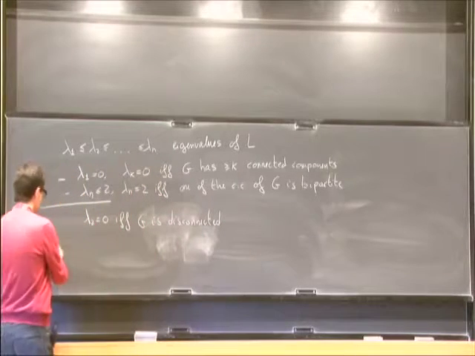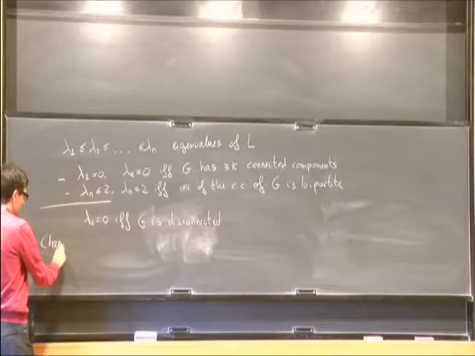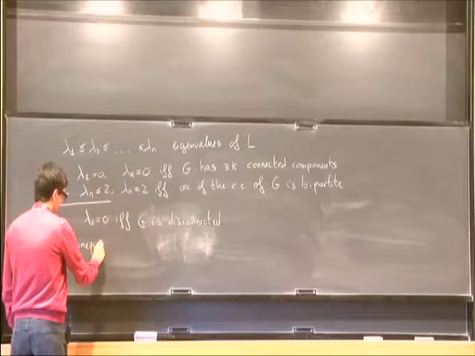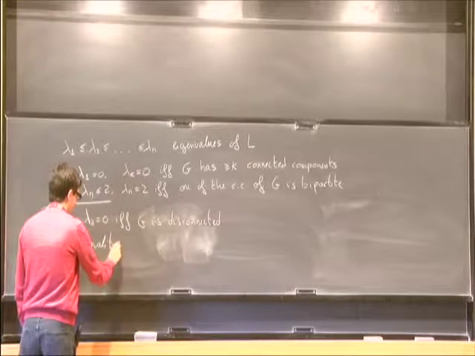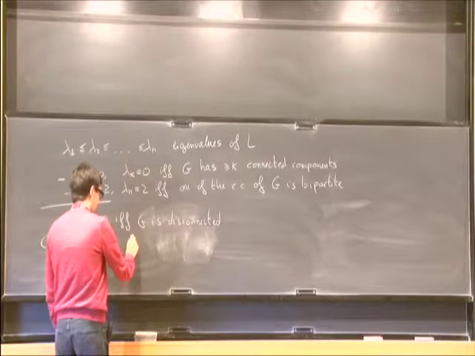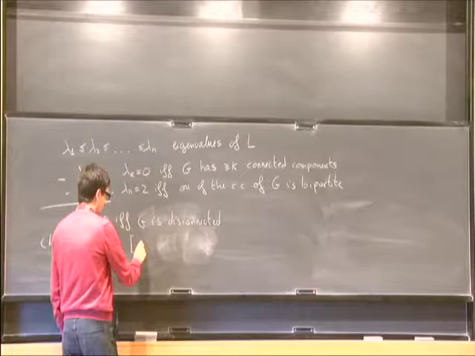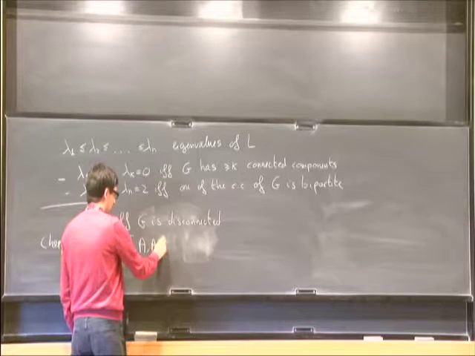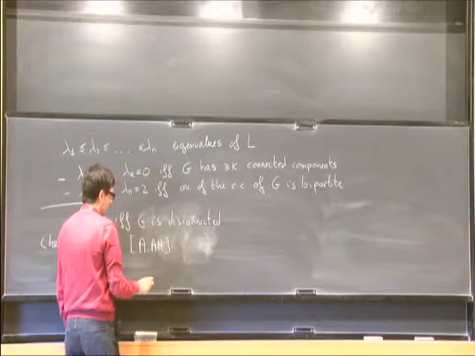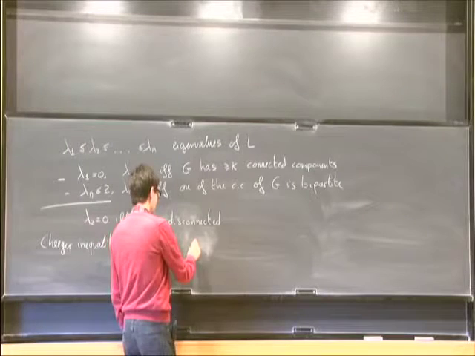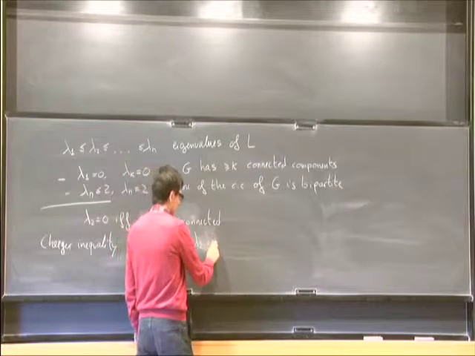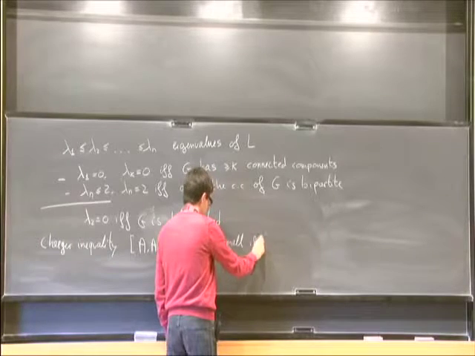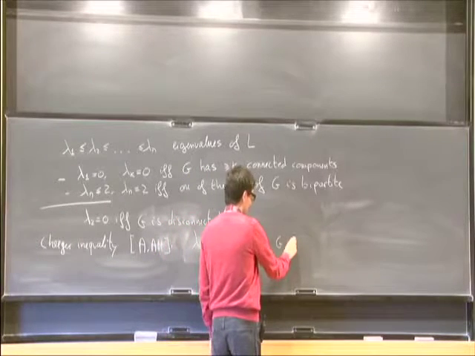And informally, the discrete graph Cheeger inequality, which was proved in slightly different versions by Alon in one direction, and Alon and Milman in another, says that lambda 2 is small if and only if G is not an expander.